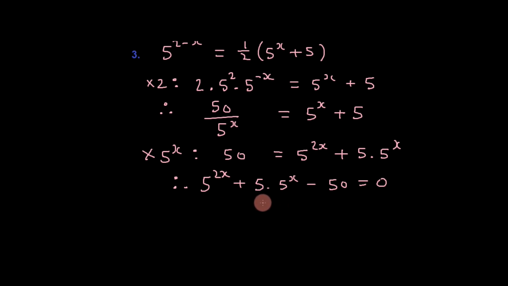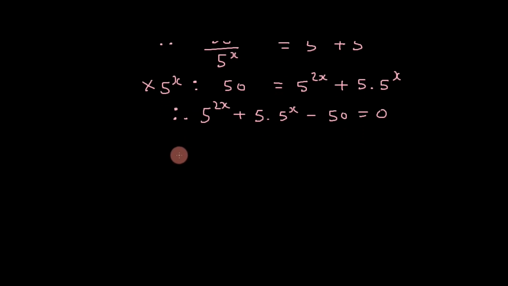We now have a trinomial or a quadratic, so we can use k substitution. So let 5 to the x equal k, and hence 5 to the 2x will equal k squared.